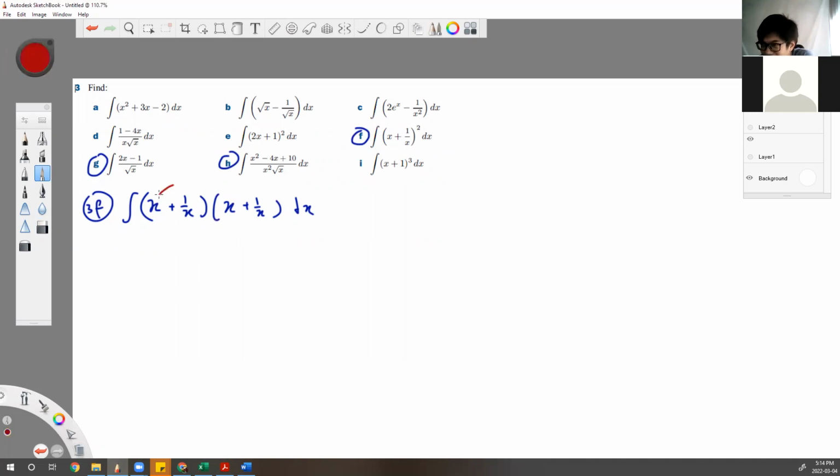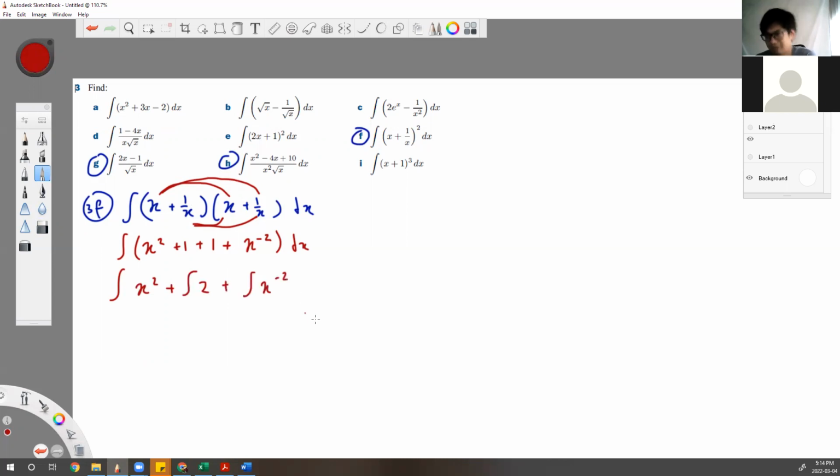That's the famous algebra working. x squared plus 1, right? Because x times 1 over x is 1, plus 1 also, plus x power negative 2. So keep that. Keep 1 over x as x power negative 1. Bracket dx, and then we can simplify: x squared plus 2 plus x power negative 2.